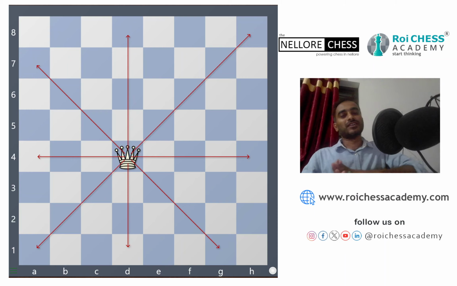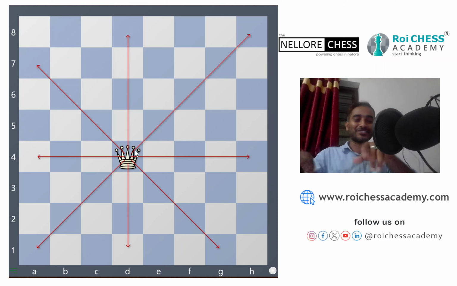It moves in this direction up to anywhere. That's why it's a powerful piece in chess. And like you can see the shape, it looks like a coronavirus. So it's moving anywhere, any side up to anywhere. And next one is the king.